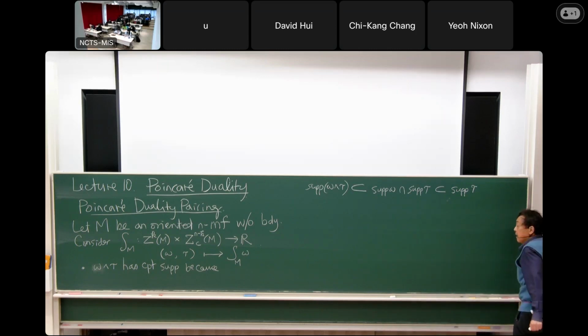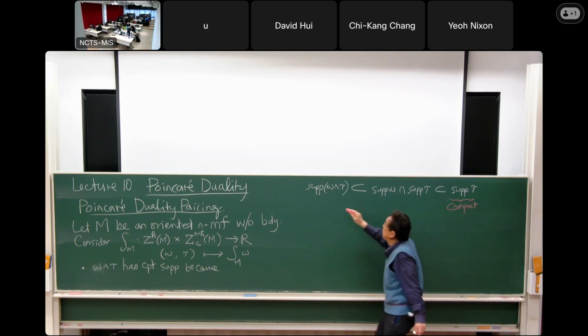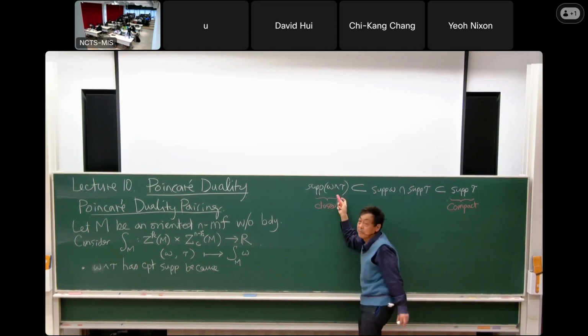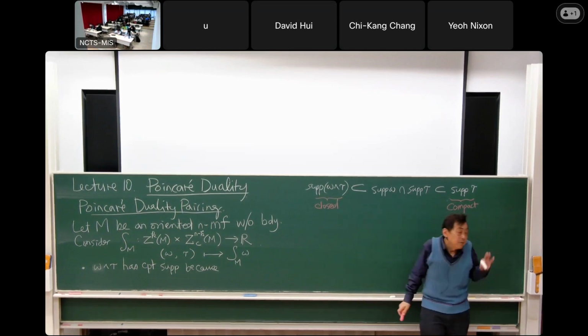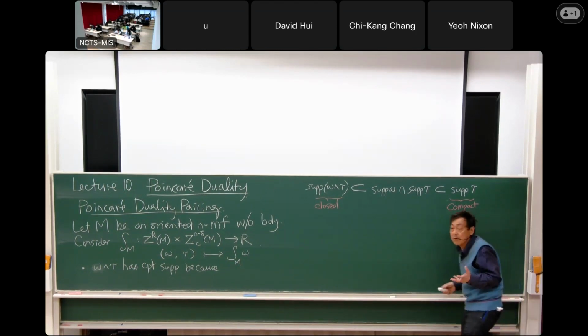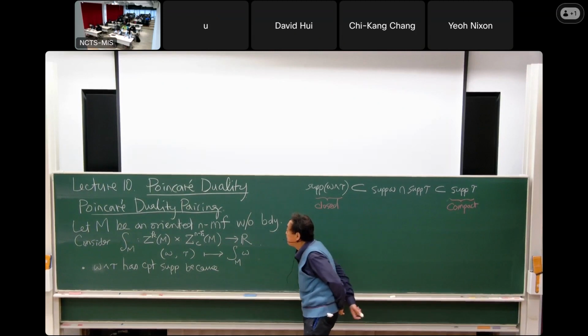But we know that tau has compact support. And the support is always closed. So you have a closed subset of a compact set, therefore it's compact. Okay? So as long as one of the two forms has compact support, then you can integrate the wedge product. Okay, that's the first observation.